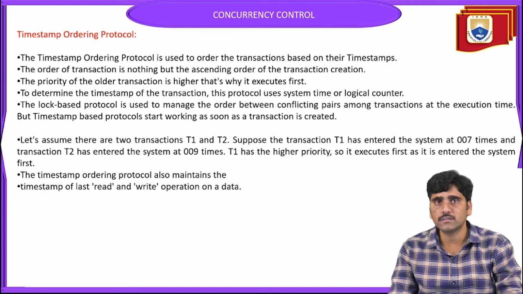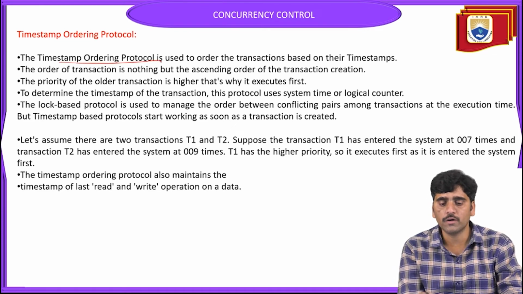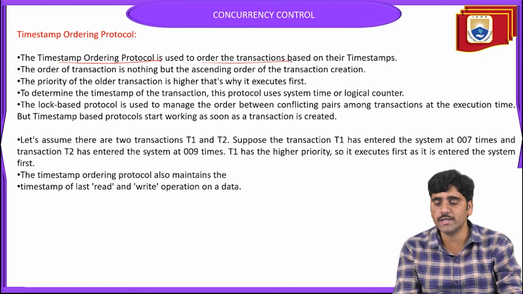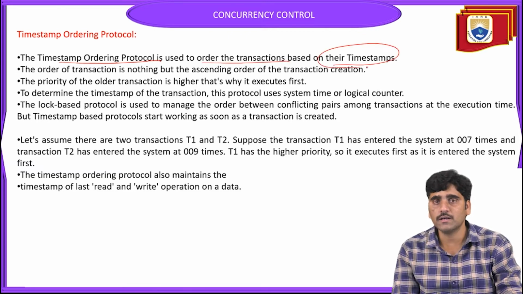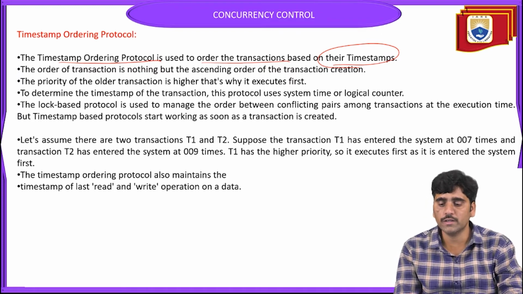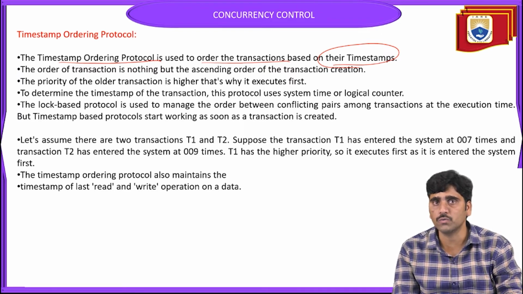Next, the timestamp ordering protocol. The timestamp ordering protocol is used to order the transactions based on their timestamps. That means a logical counter or the system clock is used to assign timestamps to the transactions. So based on the time, the transactions are executed.